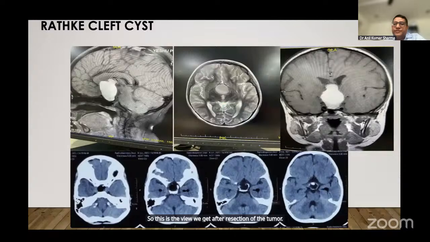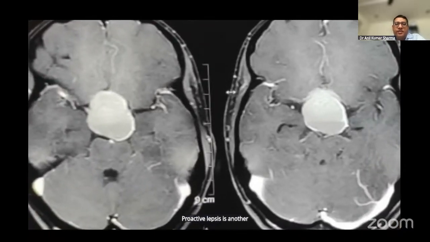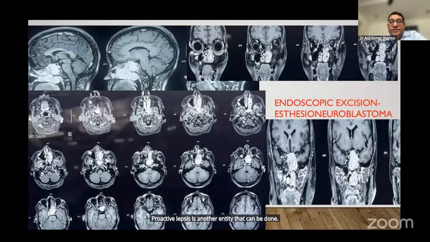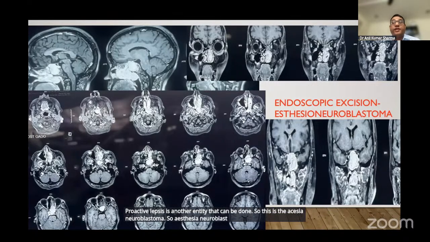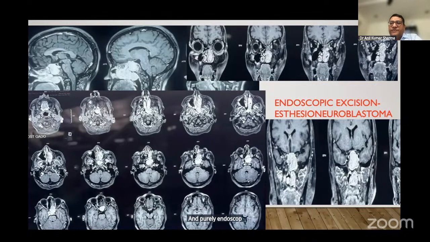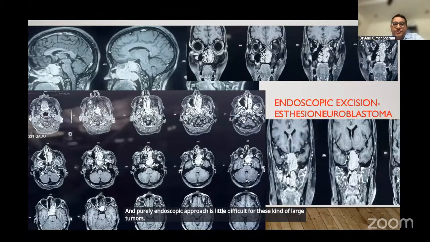Rathke cleft cyst is another entity that can be done. So this is an esthesioneuroblastoma. Esthesioneuroblastomas are very rare tumors that arise from the superior aspect of the nasal cavity, from the olfactory neuroepithelium. A purely endoscopic approach is a little difficult for these kind of large tumors, but these tumors can be resected.